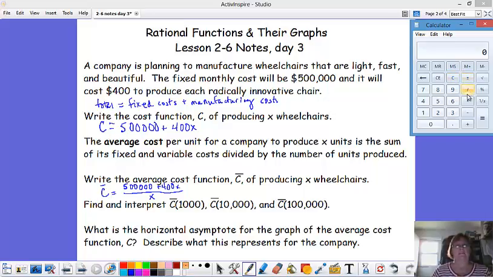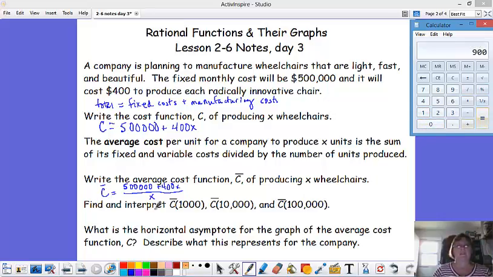And let's see, I want to have x of 1,000. So the way this calculator works, I need to do 400 times 1,000. That has to be added to the $500,000 in fixed costs, and then we want to divide that by the number of chairs we're making, which is 1,000.